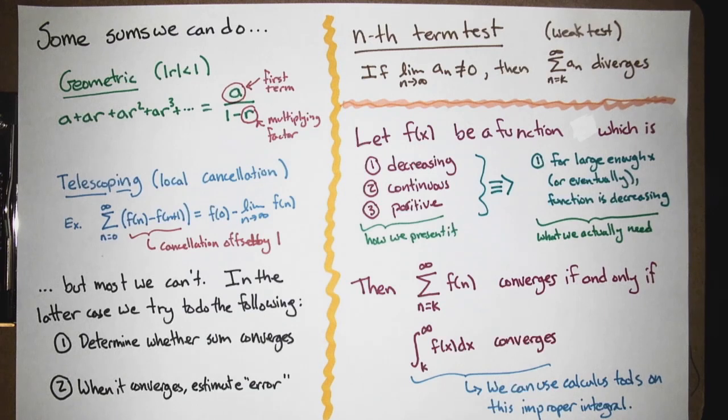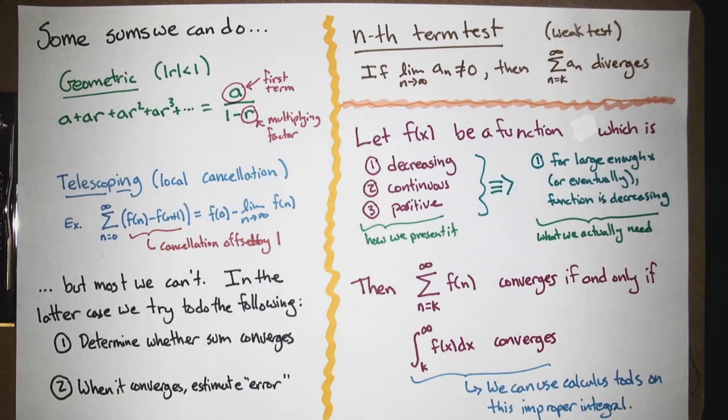It's the end, the part near infinity. What you do at the beginning has no bearing on whether or not you'll converge. It's way down at infinity that the interesting things happen. So it eventually has to be decreasing. All right, then the sum converges if and only if the integral converges.